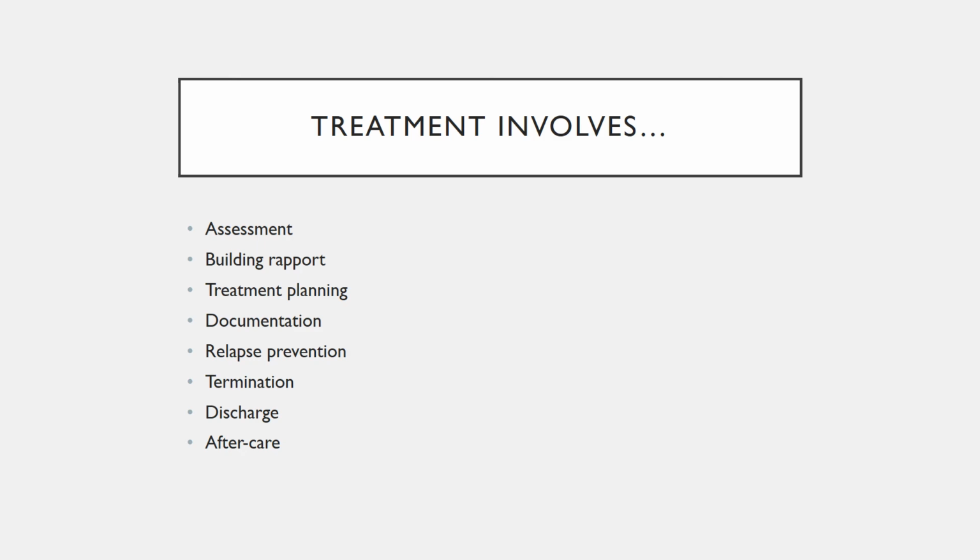Another aspect of treatment is relapse prevention. So helping that individual think through what skills they're going to need to use when they are outside of treatment to help combat those cravings and urges that they might feel, or what they may need to do to make changes in their lives so they're not tempted to use in certain situations or when they're around certain people.